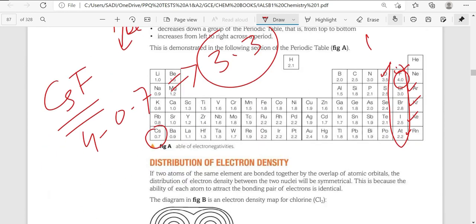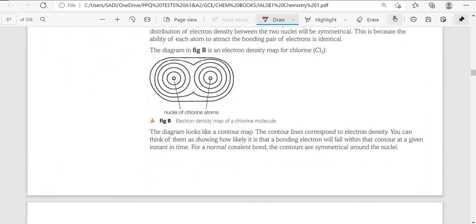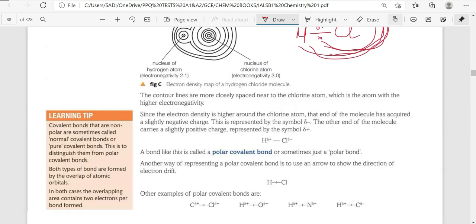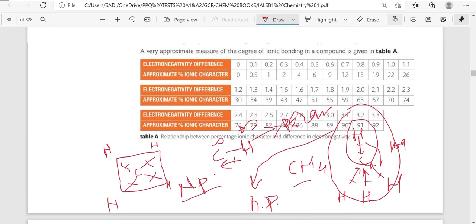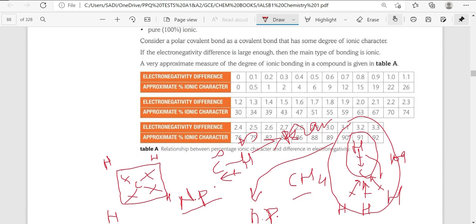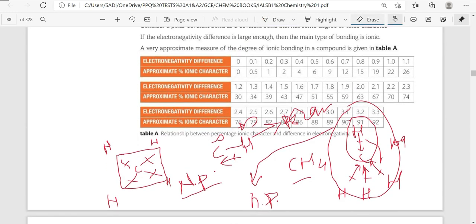Okay. Now these electronegativity differences are given somewhere in your book here. See, these are the electronegativity differences. This is already in the book. See the difference, approximate. If the electronegativity difference is 3.3, focus on this area.